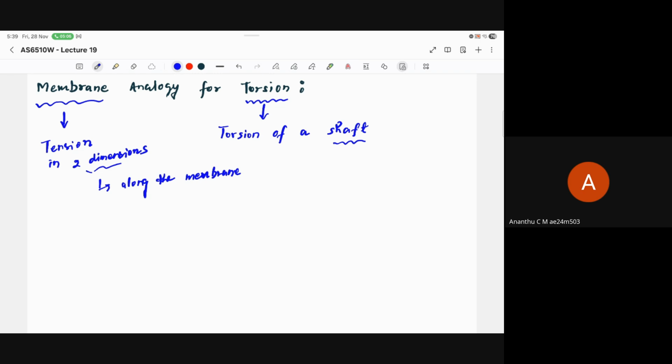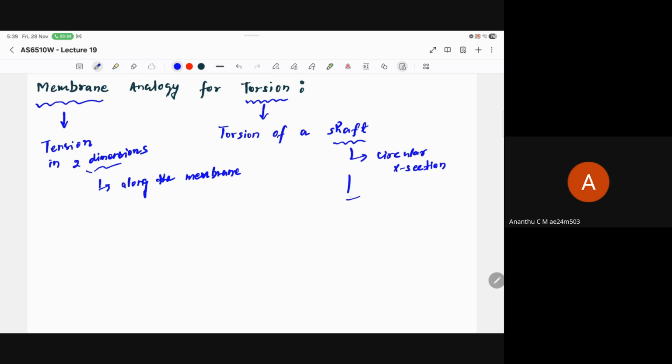Okay. And as I mentioned, membrane analogy for torsion, and why we need this particular analogy method: because if you study torsion of a shaft of circular cross section, you have well-established theories, and even experiment-wise it is easier to analyze a shaft with circular cross section.